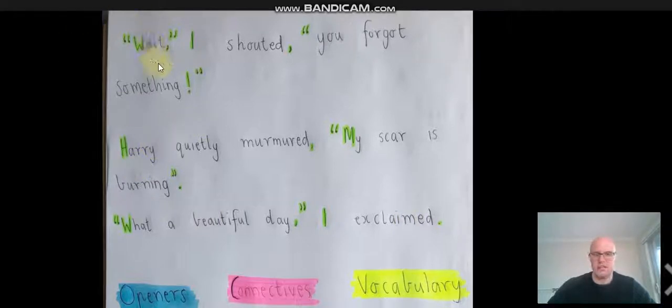So here's my example of one at the start and the end. "Wait," I shouted. "You forgot something." And then the one where it's at the end, Harry quietly murmured, "My scar is burning." I was thinking about Harry Potter there. And this one, when the talking marks or the quotation marks, I need to get myself in good habits too, are at the beginning. "What a beautiful day," I exclaimed.